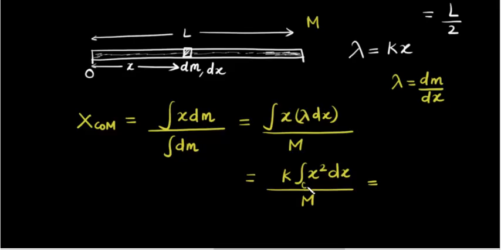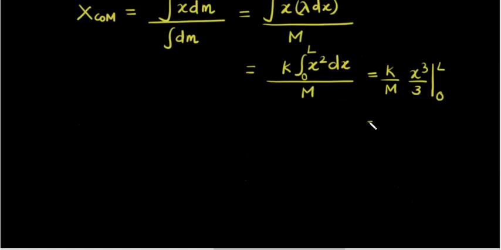Now this integral will be from origin to the length L. If I integrate this, then we will get x cube by 3 with the limits L and 0. So this will be equal to k by m times L cube by 3 minus 0. So this will be k by m into L cube by 3.